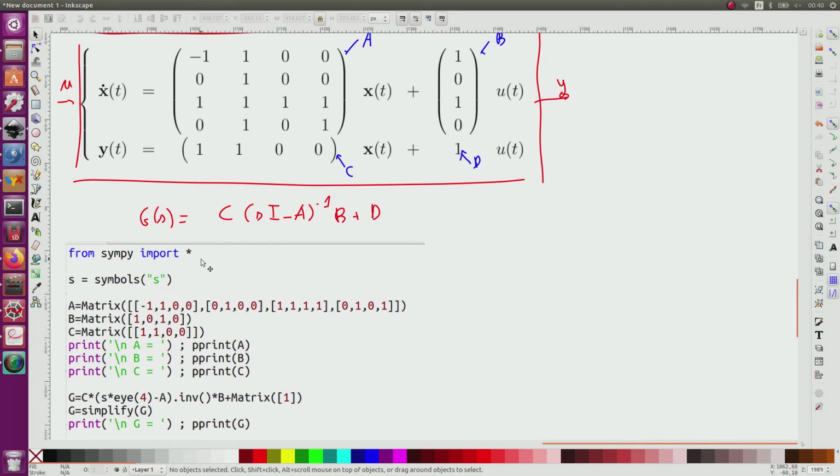So I define my matrices A, B, C. I print them just to check that I made no errors. Then I compute G with this formula, and I simplify it, otherwise SymPy will not make even very elementary simplifications. And then I print the transfer function G.